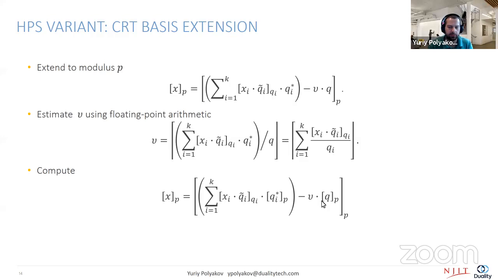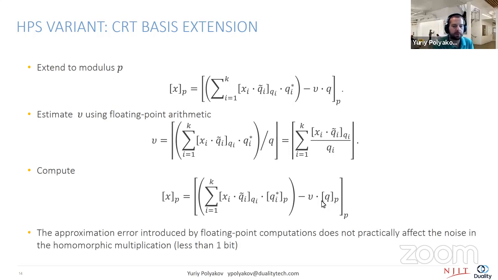As soon as we know nu, the rest can be easily computed using integer arithmetic. For estimating nu, we can use some intermediate floating point steps. The details are not mentioned here for conciseness, but they're presented in the paper. And the approximation error introduced, from the practical perspective, in the case of homomorphic multiplication, is essentially negligible.